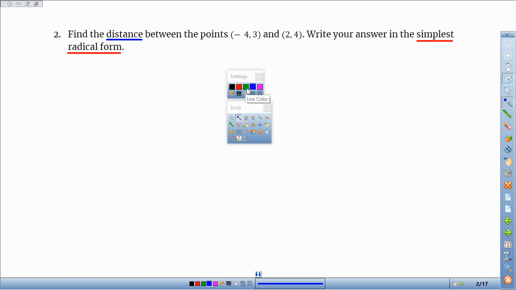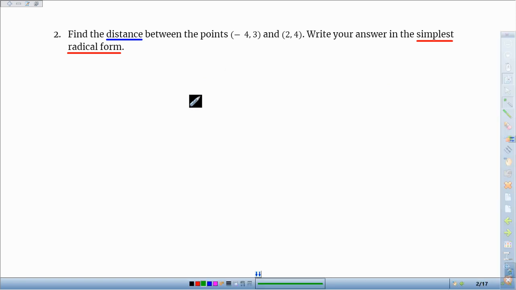If you guys remember, the first thing we want to do on these problems is label our numbers. So this is going to be our first x, first y, and this is our second x, second y. Now we know where these are getting plugged in for the distance formula.